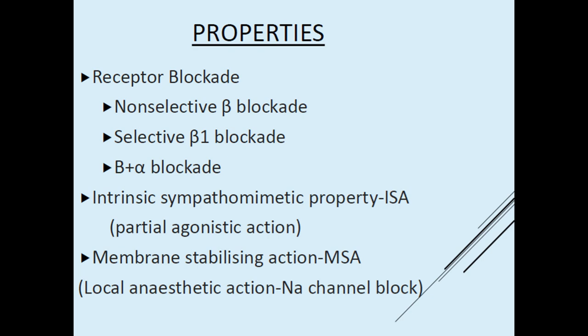Then there is the selective beta 1 antagonist. Then there is beta plus alpha antagonist. Then there is intrinsic sympathomimetic property, that is also partial agonistic action. And then there is a membrane stabilizing agent, local anesthetic action, which mainly blocks the sodium channel.